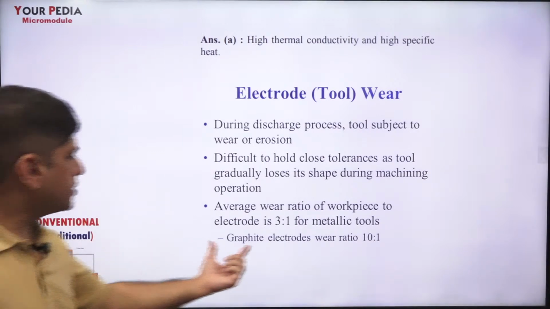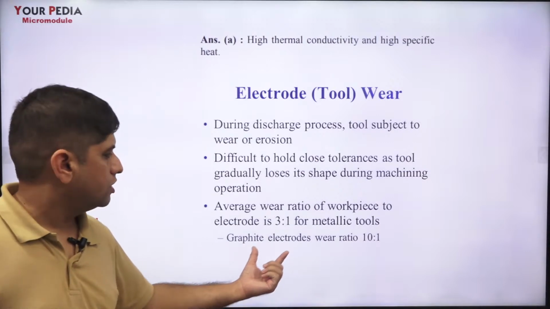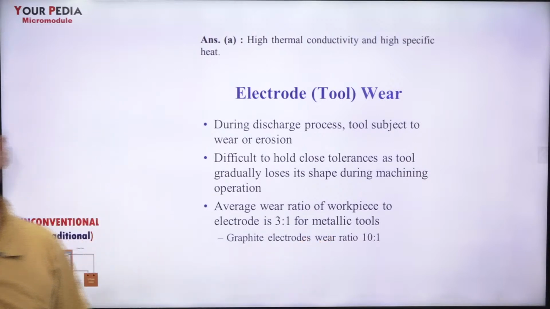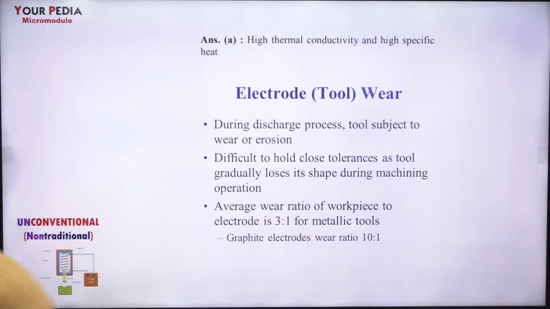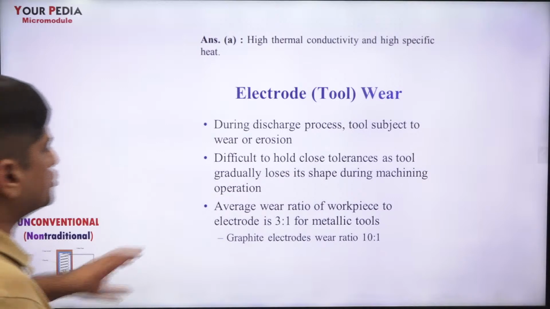Please remember something about tool wear, electrode wear, especially graphite electrode. Wear ratio in graphite electrode is very high. Wear ratio means workpiece to electrode, 3 parts workpiece to 1 part electrode. Normally for a metallic tool, workpiece to electrode is 3:1, but for graphite this is 10:1.